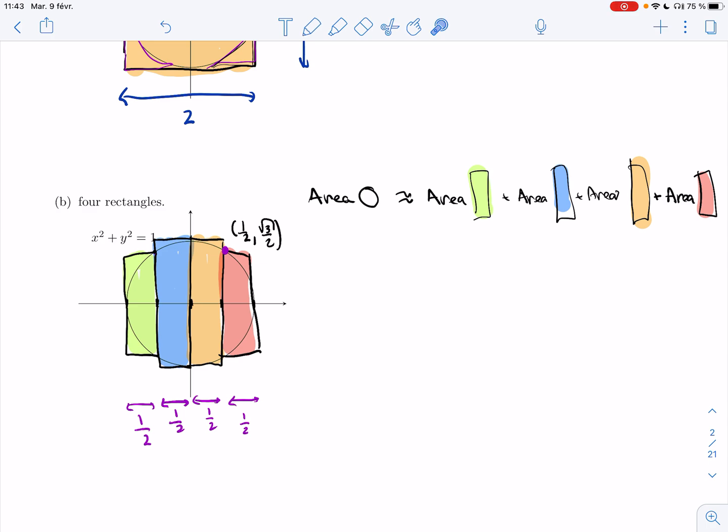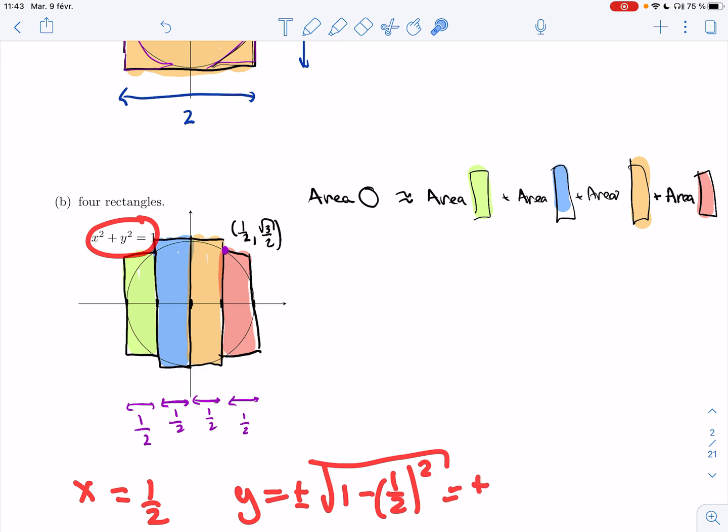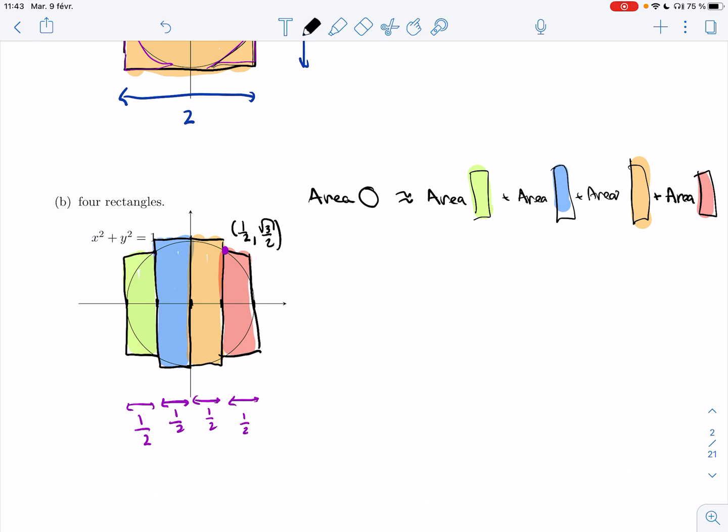Or you could just solve for y in this, right? So if x is 1/2, then y is plus or minus the root of 1 minus 1/2 squared. And I get plus or minus the root of 3/4, and so root 3 on 2. So this one would be with minus root 3 on 2. The one on top is plus root 3 on 2.